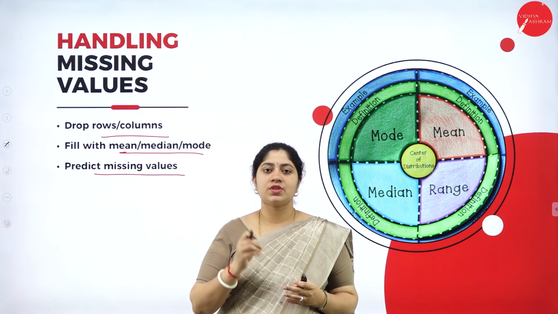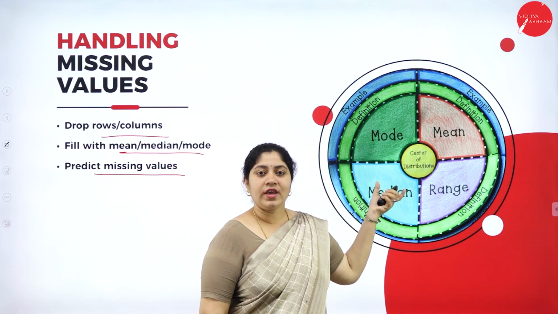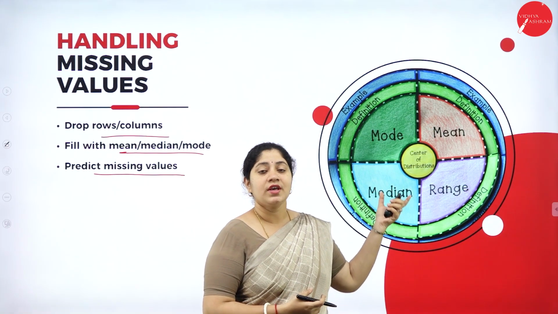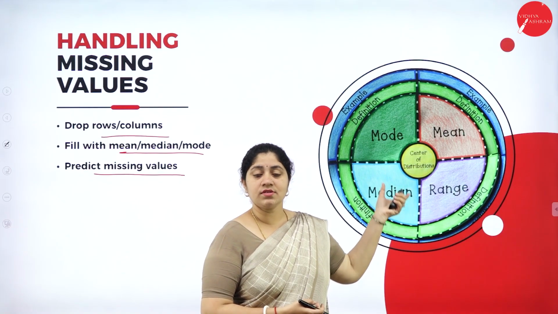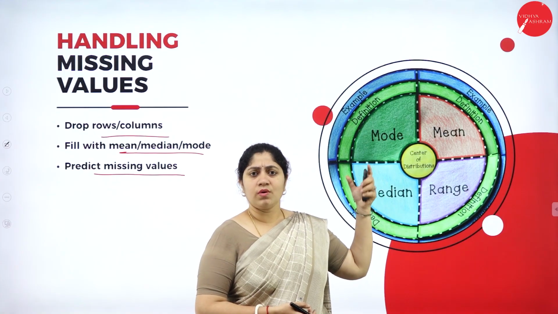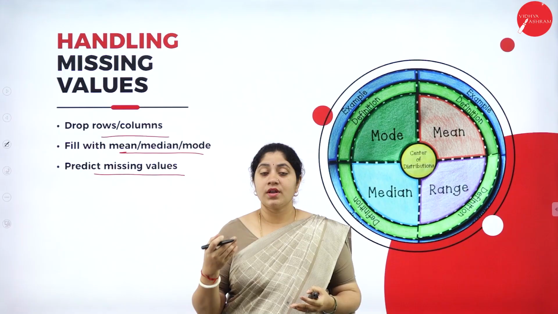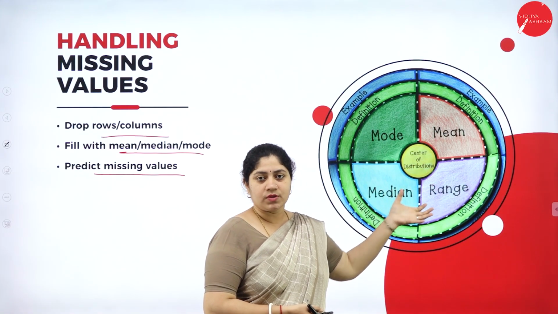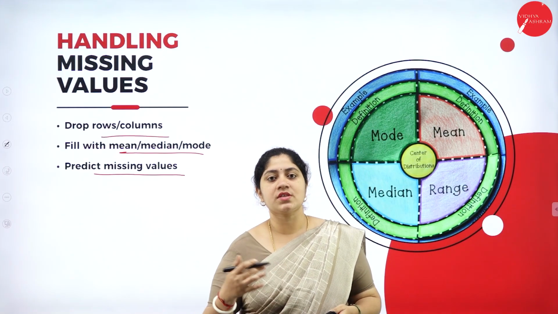And over here we can utilize the mean, median, mode, or sometimes a center of distribution, which will take care of operations like mean, median and mode. If any example is required, yes, the center of distribution will take care of these things. So this is how we can manage the missing values.